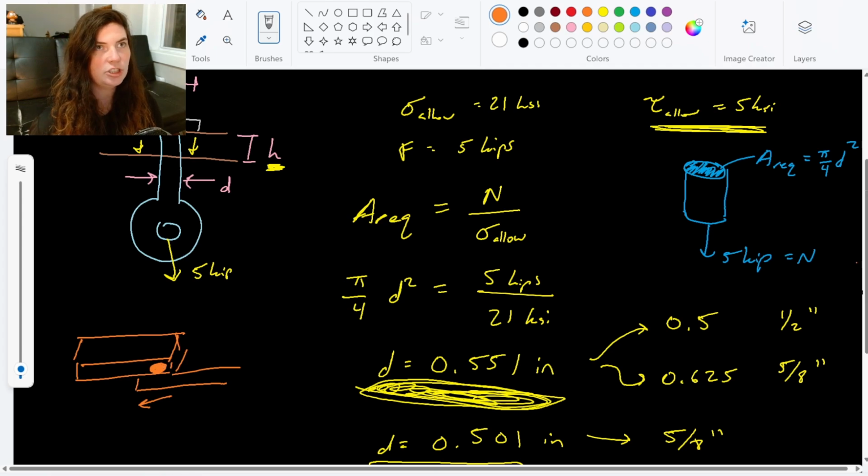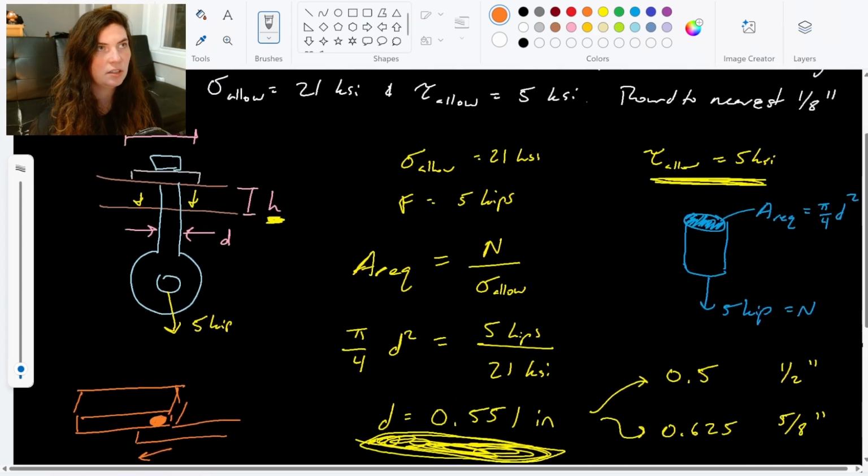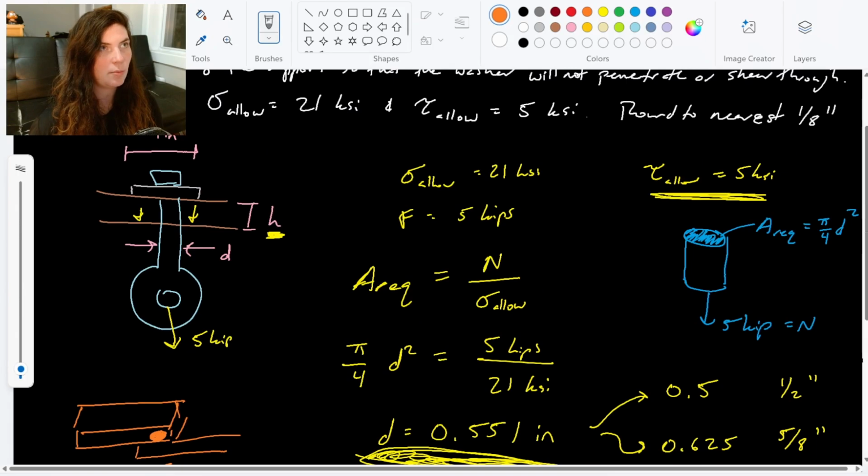So here my shear is happening in this washer, right? So this is trying to push down. This is my 5 kips pushing down. And so we're going to see it all along the circumference of the washer.